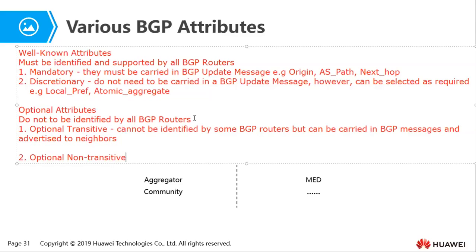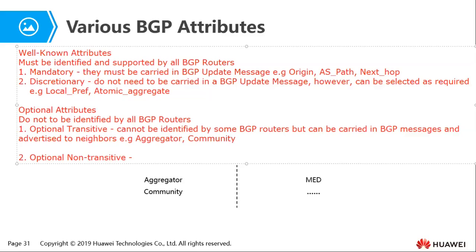So even though you don't understand that particular attribute, you can carry it. So we're going to see, for example, the aggregator attribute and the community attribute. Those are examples of optional transitive.